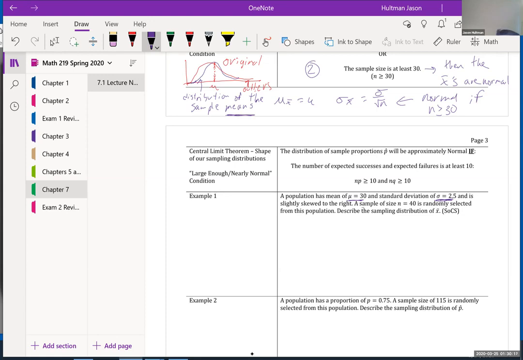A sample size of n equals 40 is randomly selected from this population. Describe the sampling distribution of x bar. Okay, so what do we know? We know that the sample size is larger than 30, right? So n is equal to 40, which is greater than 30.